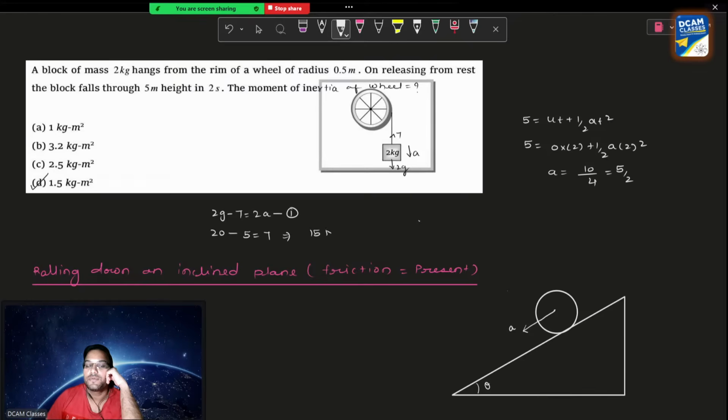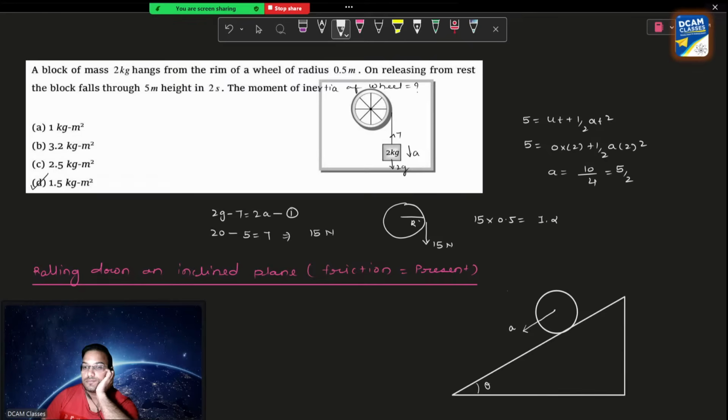Now on the pulley, if you see on the pulley, the tension is 15 Newton. So the torque due to this 15 into R, which is 0.5, is equal to I alpha. But you know A is equal to R alpha. So A is equal to R alpha is there.